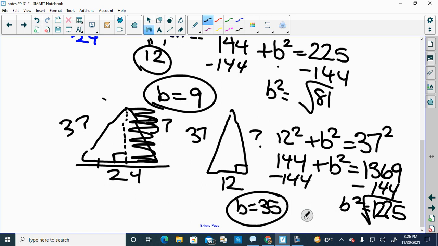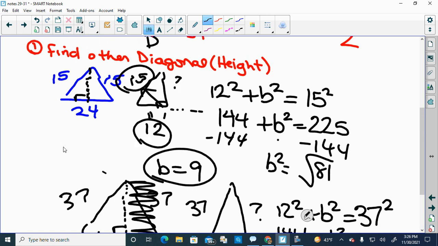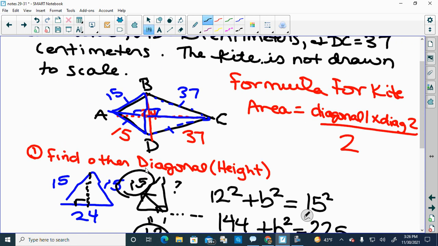Now I can figure out what the length of that diagonal is. Going back up here to our drawing, we know the diagonal here is 24, so we'll be able to fill that into our equation over here. But now, after doing what we did, we figured out the length of this and the length of this that we're putting together.